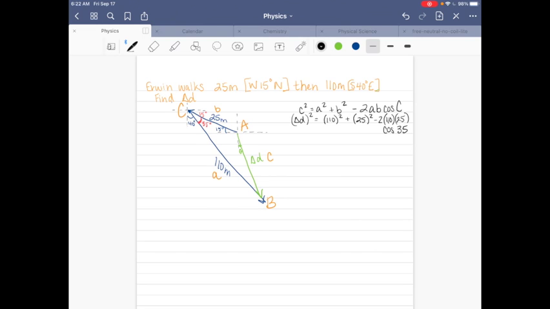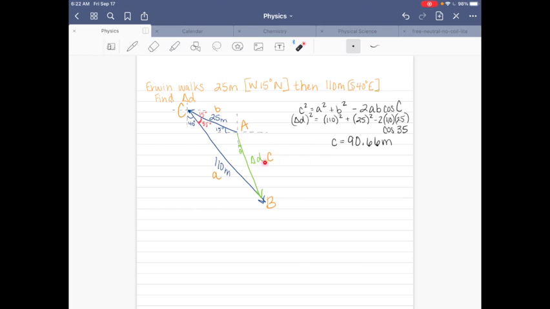Okay, so when I solve for this, I find everything that I have on this side, and then I'll take the square root of it to get delta D by itself, so don't forget to take the square root. But I find that my C is equal to 90.66 meters.